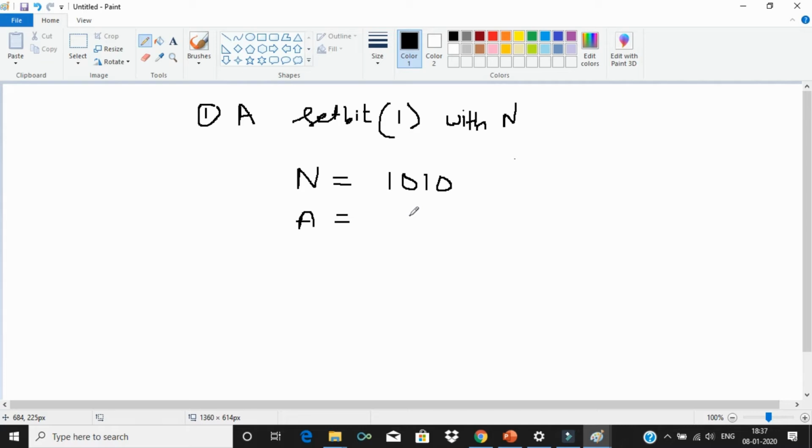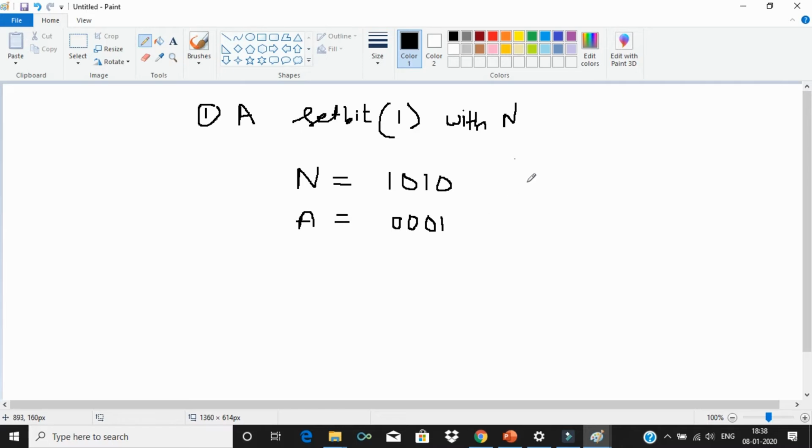Let's take 0001, a 4-bit number. In this representation there is not any single common set bit. A set bit means if this 1 and this 1 are both 1, that is a common set bit. But there is no common set bit here.